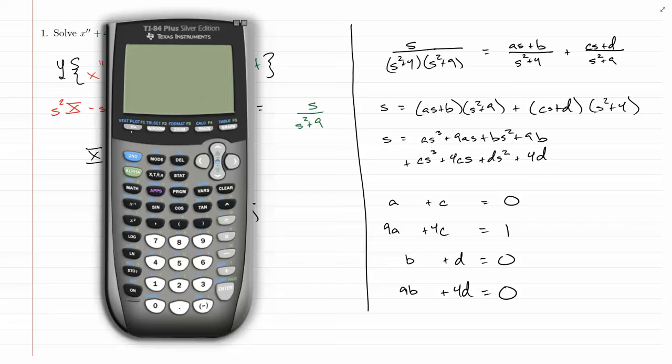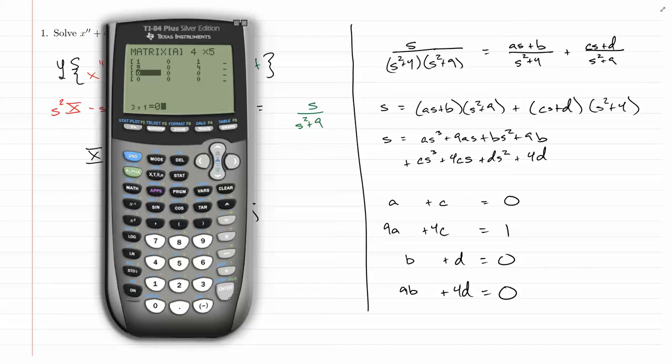So let's go ahead and write that system as a matrix and then RREF it to get the solution. So I'm going to have a 4 by 5 matrix. First equation is 1 0 1 0, and that's equal to 0. That's the same as a plus c equals 0. Then we'd have 9a 0b 4c 0d, that adds up to 1.